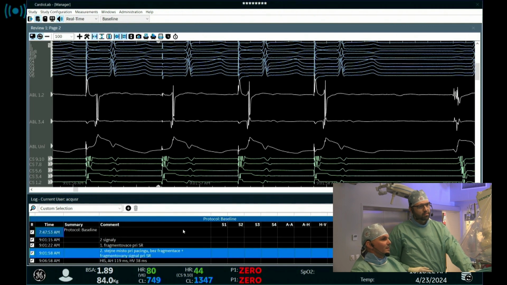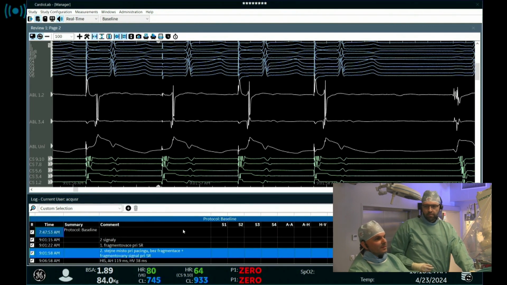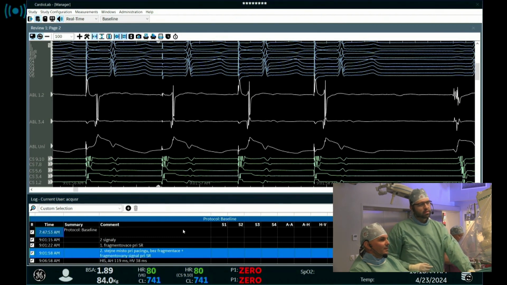So we never believed that this is the right way to identify GPs, and Dan did some studies on this. I don't remember exactly what he did, but I think he compared different stimulation sites, but we don't believe that you are able to identify these spots this way.